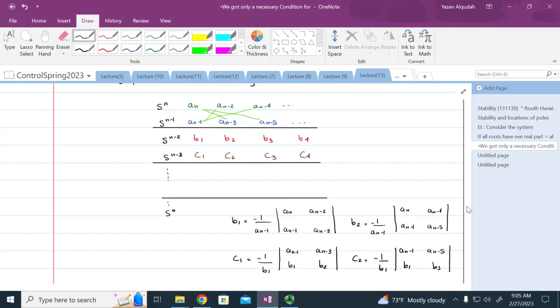Make sense? Everybody sees it? You don't have to memorize it. Okay, so let's do an example and calculate that.